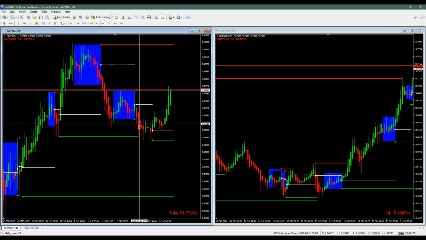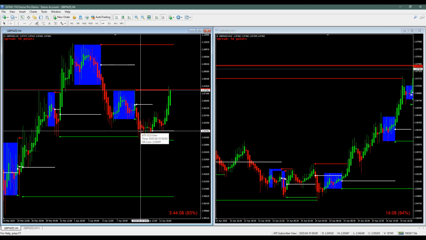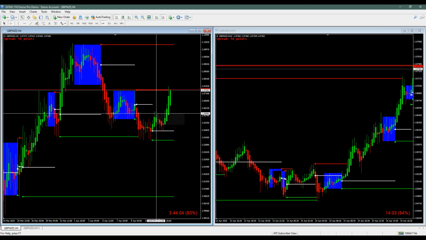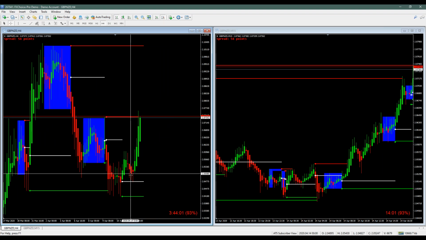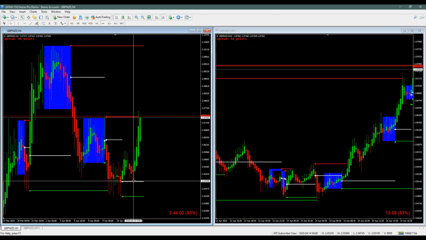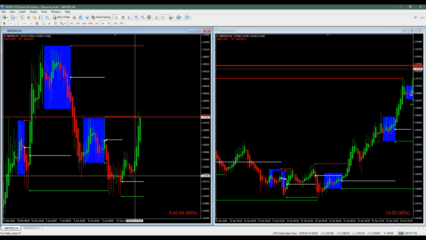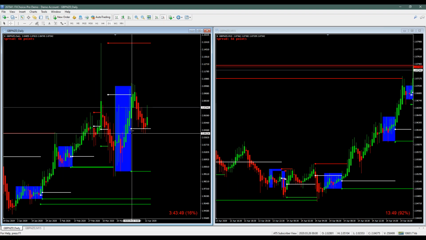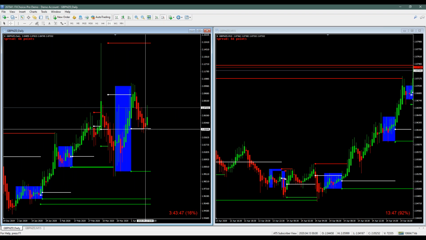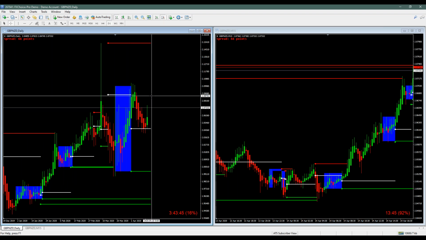Okay, so all of this range right here is basically where we were kicking back and forth on the daily expansion line, and then broke away right here, and then came back and tested this expansion line. So we can see a very similar behavior to our daily time frame, where we pulled away and then bounced off of this and started going up long.